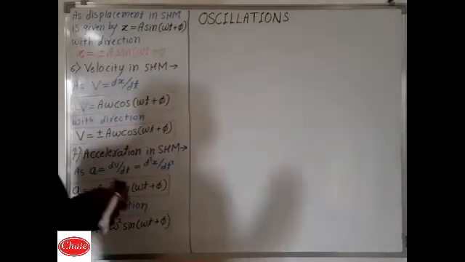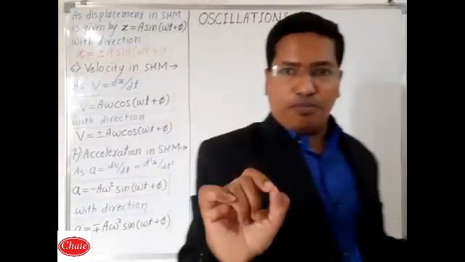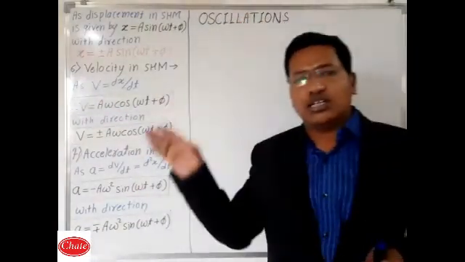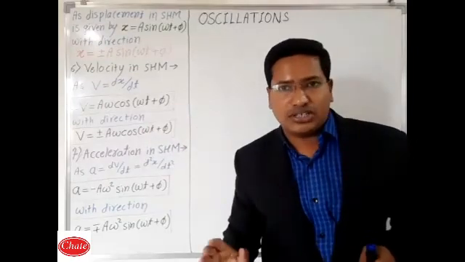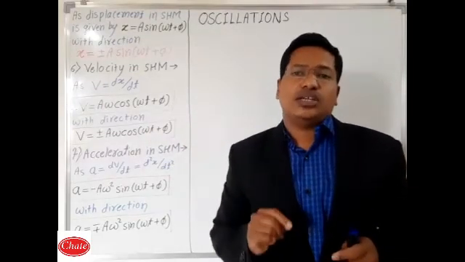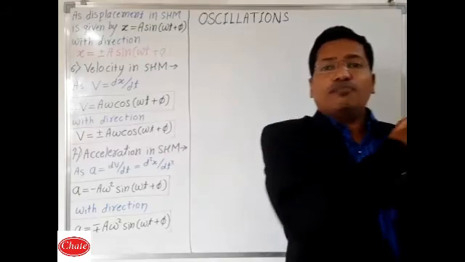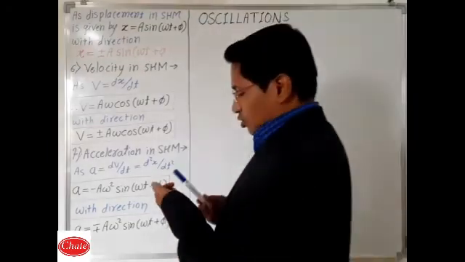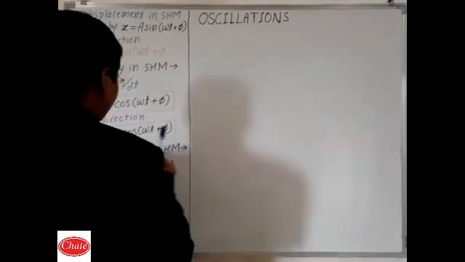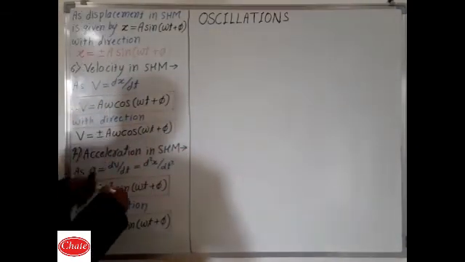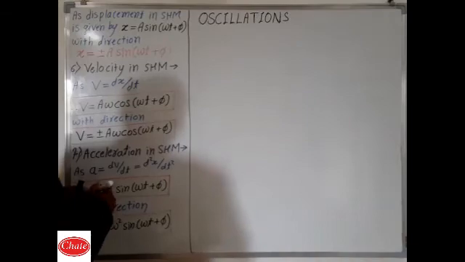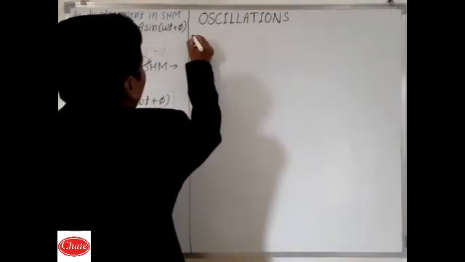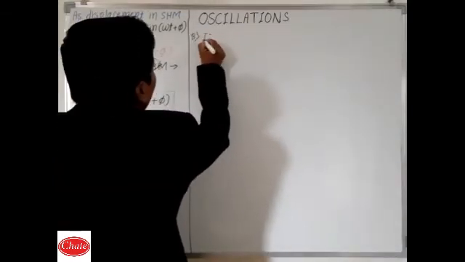If SHM starts from mean position, what will be the displacement, velocity and acceleration? And if SHM starts from extreme position, ह्या दोन कंडिशन आपल्याला बघायच्या. ठीक आहे. Then look at here. You can write that it is number 8.